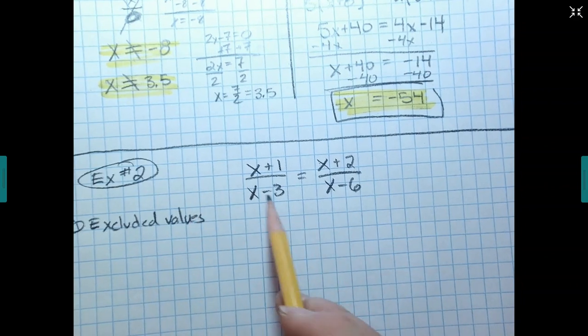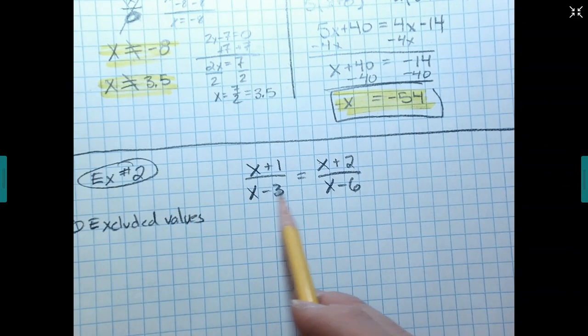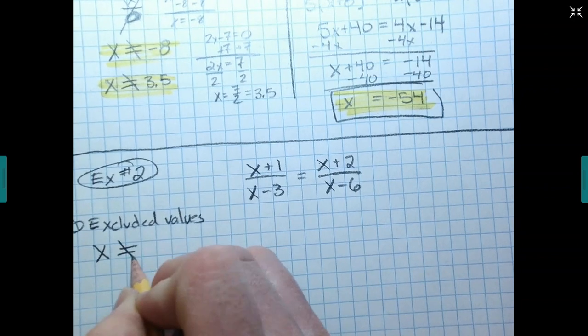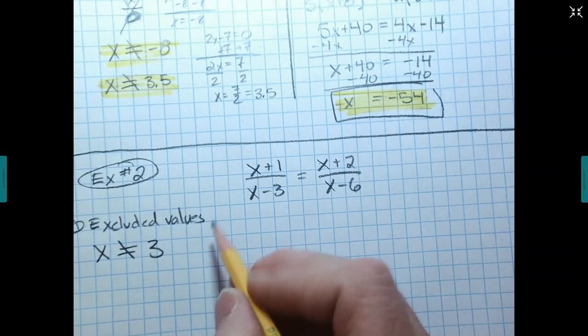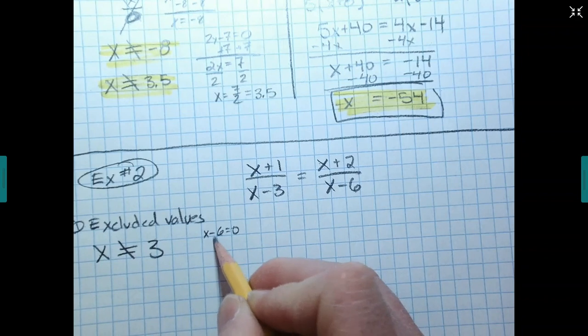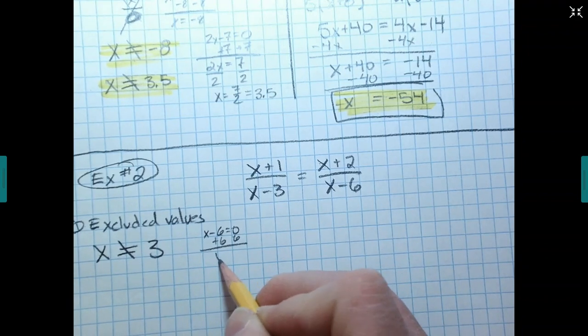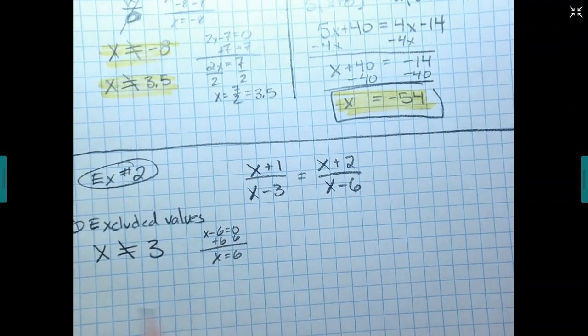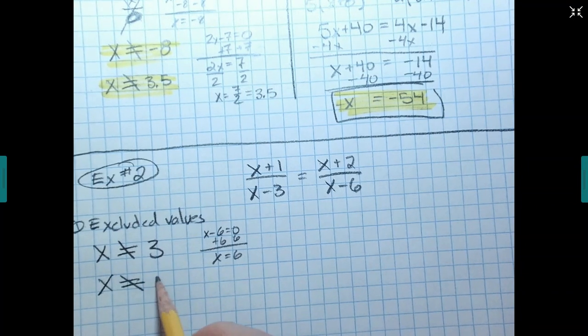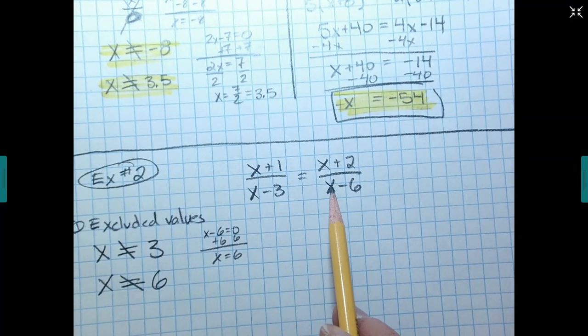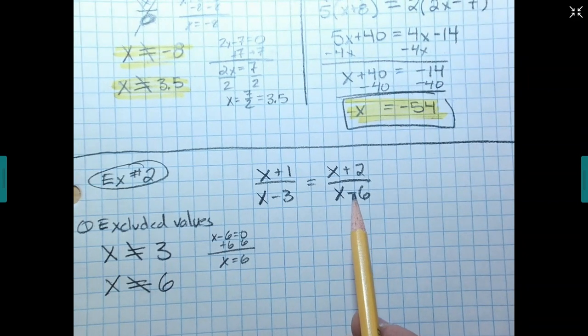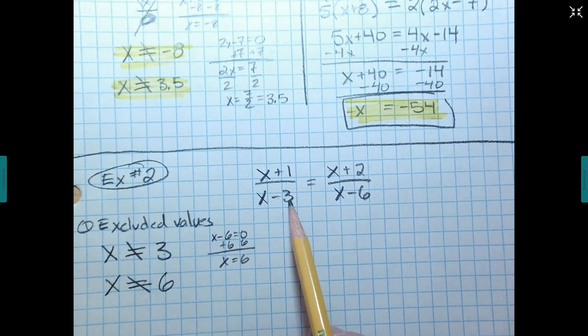What are the values that make this equal to 0? 3 minus 3 is 0, so x cannot equal 3. And right here, maybe my brain isn't quite up to speed because it's the morning, x cannot equal 6 because 6 minus 6 is 0. I cannot have a 0 in the denominator. So those are my excluded values right there.